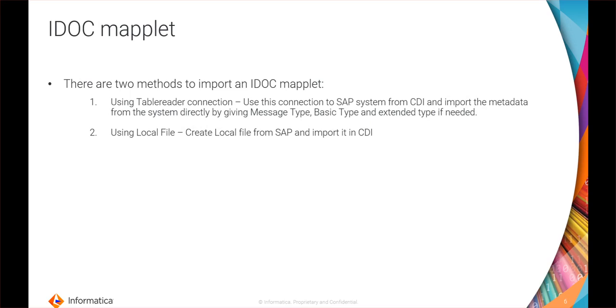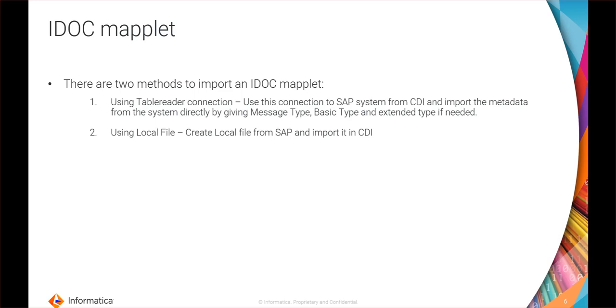Then for an IDOC maplet. When we create the IDOC maplet, we have 2 options: one is using the table data connection, and the other is using a local file, which means creating a local file from SAP and importing it in CDI. This will be an IDOC Prepare maplet. Those who are familiar with the IDOC reader connection will know that there we create an IDOC Interpreter maplet.